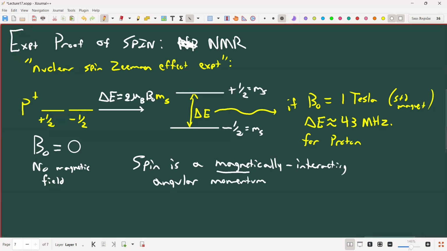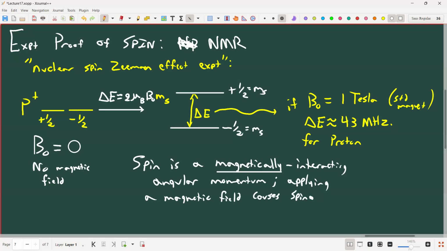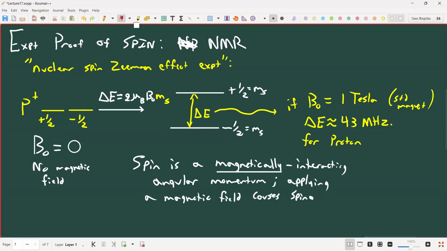It's mostly magnetically. Applying a magnetic field causes spins to split in energy.